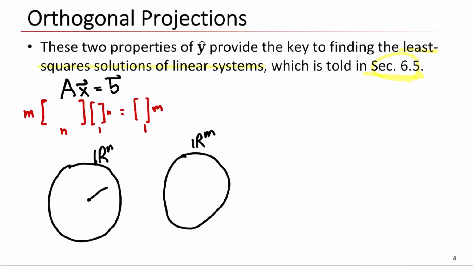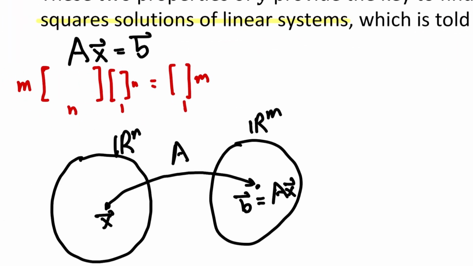A times vector x gives b, so b equals Ax.